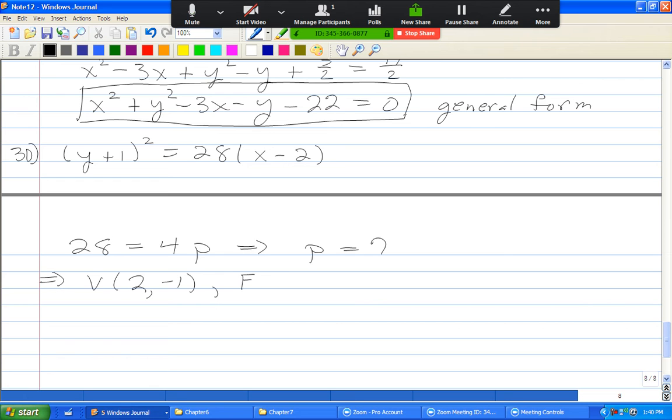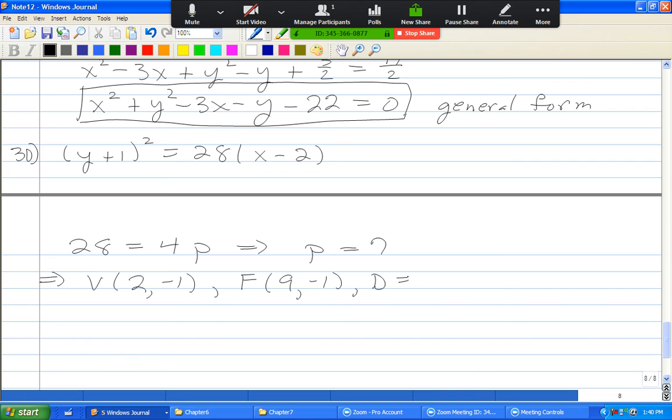The focus, you notice here that the one that doesn't have the square is the x. So to this x here, I'm going to be adding 7. So that'll be 9, negative 1.